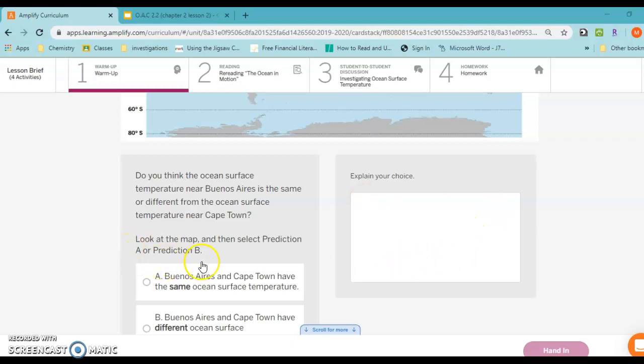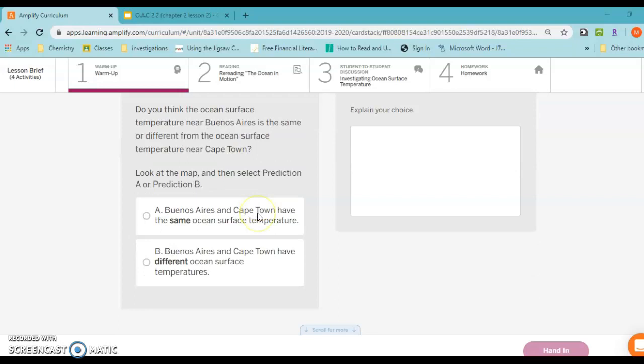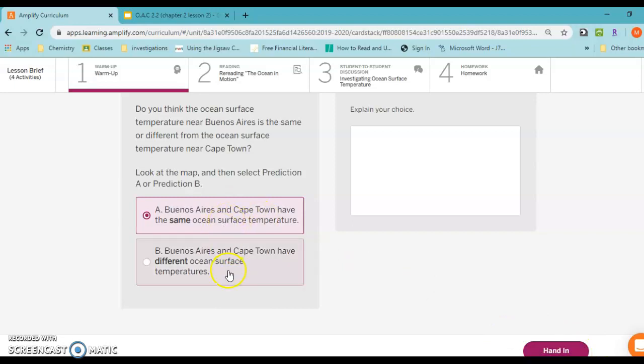And why? You're going to choose A or B, A being that it's the same, B being that it's different. You're going to explain your choice and why you think it's A or B, and then you're going to click hand in. So Ms. Jackson is just going to click any answer just so you can see the hand in button will light up. Whether you click A, whether you click B, remember to explain your choice.